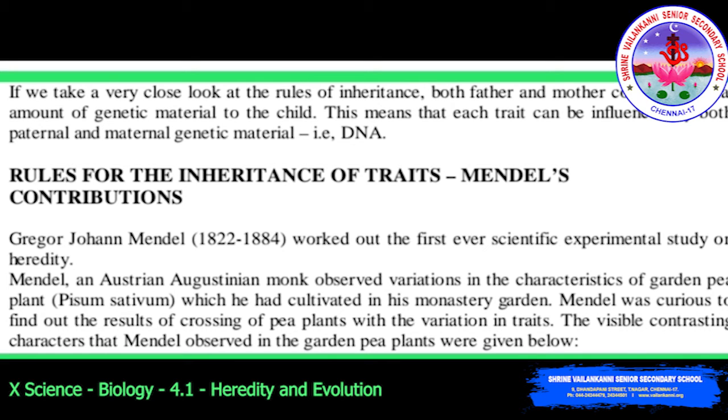So he found the visible contrasting characters that Mendel observed in the garden pea plant, given below. We are going to study the different traits, the variation of characteristic features, in Mendel's experimental view.